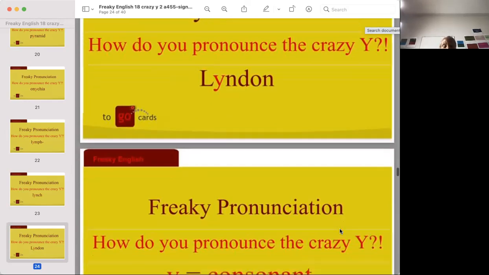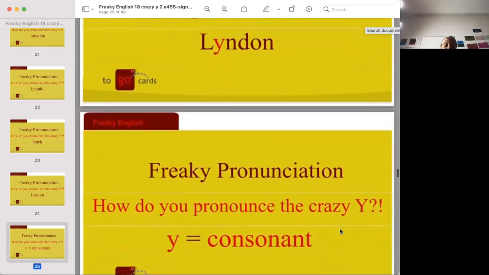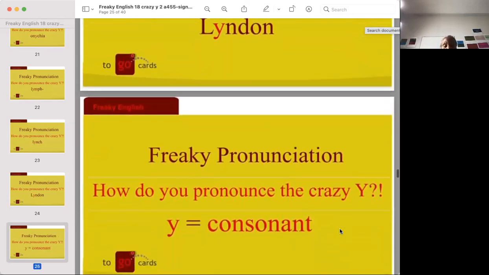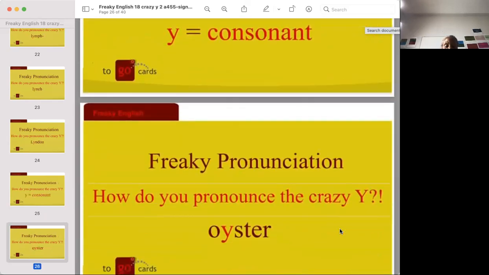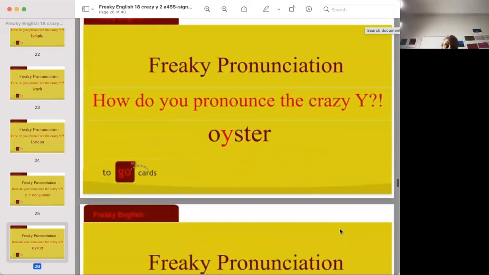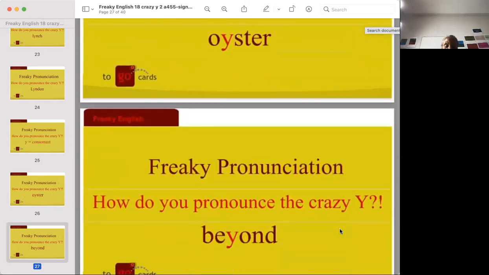Now here's why Y is a consonant. Oyster, beyond.